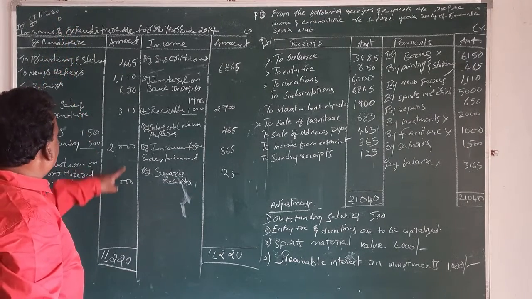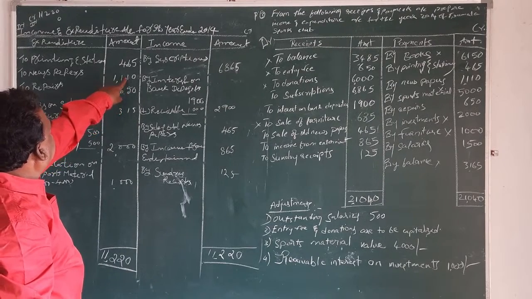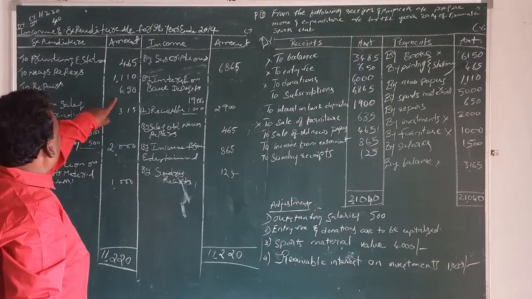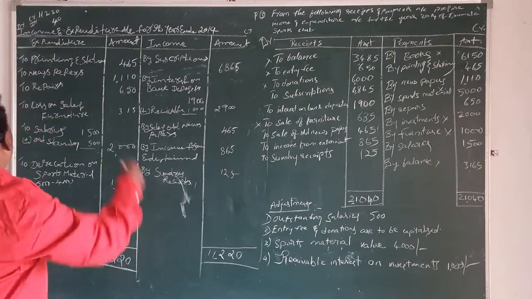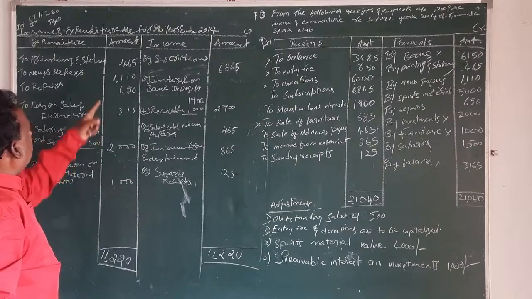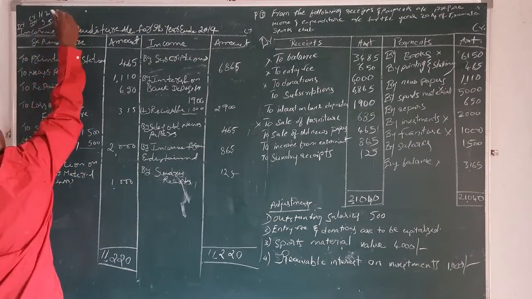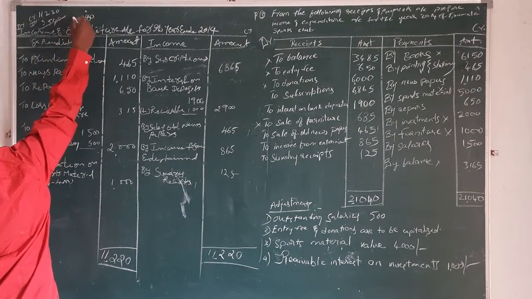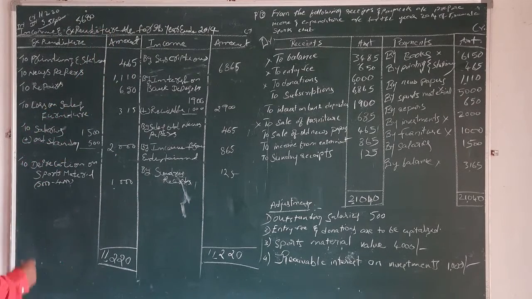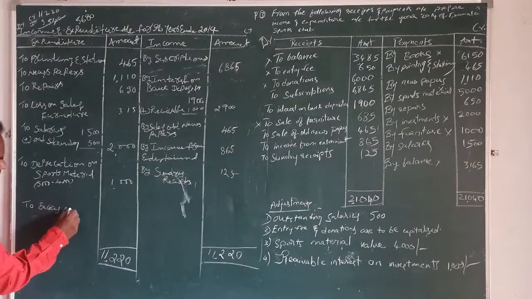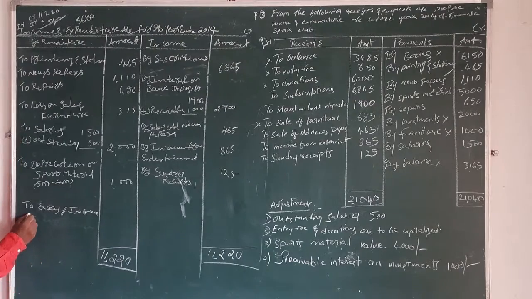Adding the debit side figures, the surplus is 5,680. Surplus is the excess of income over expenditure.